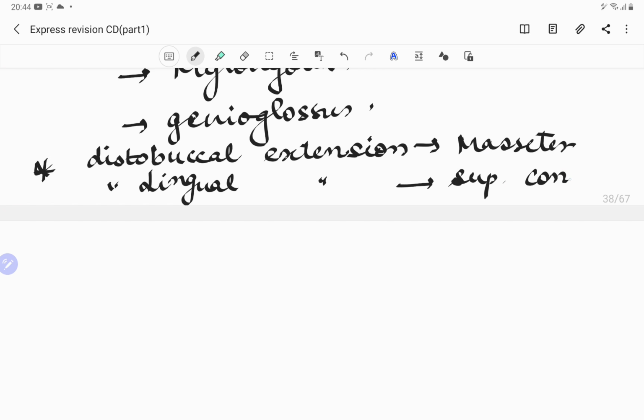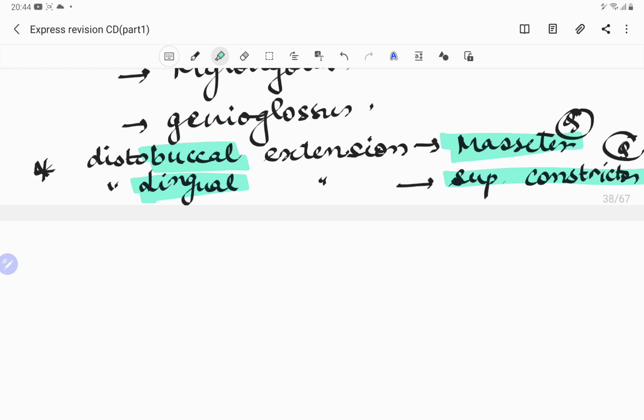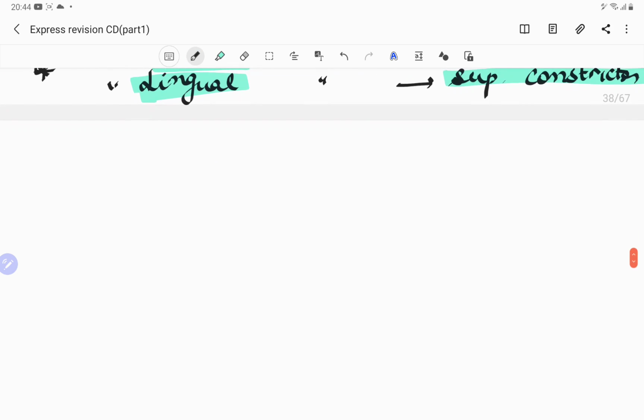So lingually, we have the pharynx, right? In the pharynx we have the superior constrictor of the pharynx. So in the buccal area we have the masseter, and in the lingual area we have the superior constrictor of the pharynx. Then comes the beading and boxing.